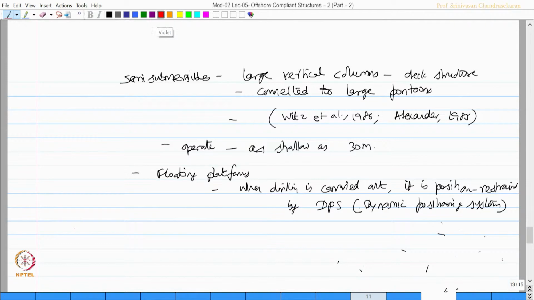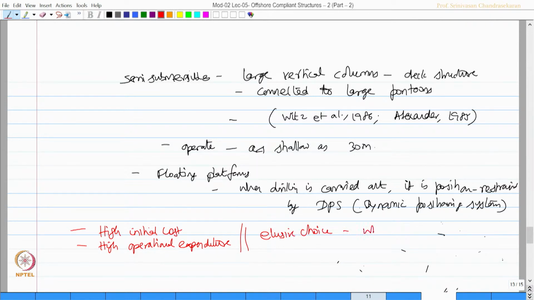One important point we must remember in this context is that high initial cost and high operational expenditure makes these kinds of platforms an elusive choice when no other platform is possible. That is one issue.